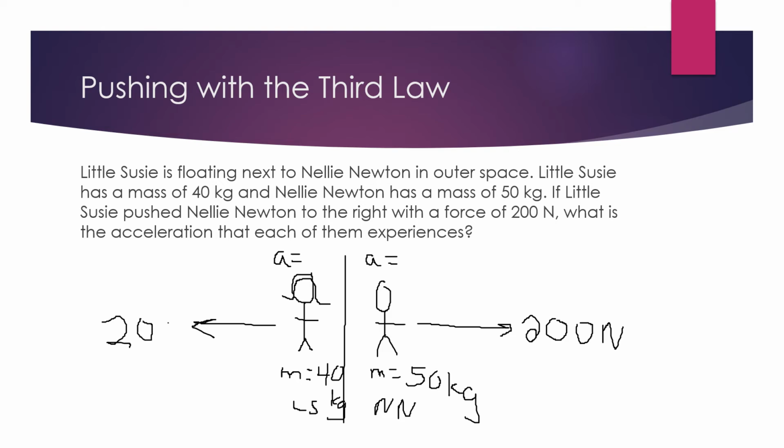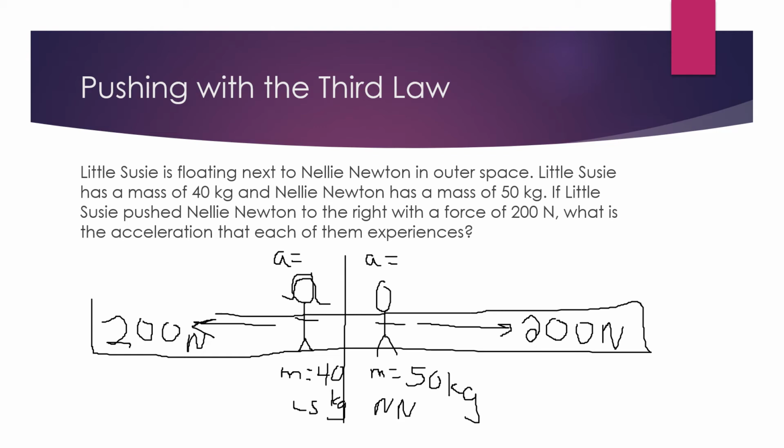This is the key, you guys. Every time there is a push, the push must be equal and opposite. So if she pushes him right 200 newtons, she is getting pushed left 200 newtons. They experience the same force, but because they have different masses, they will have different accelerations.